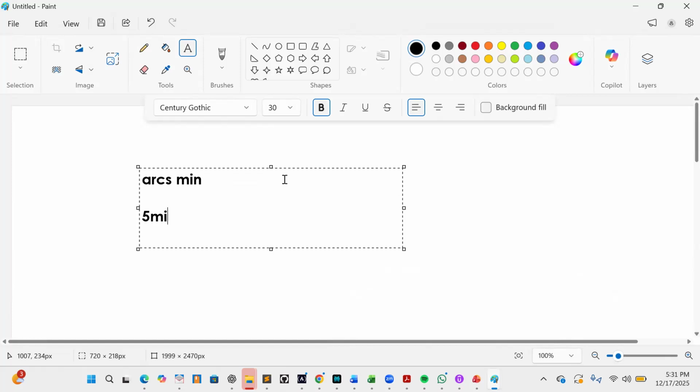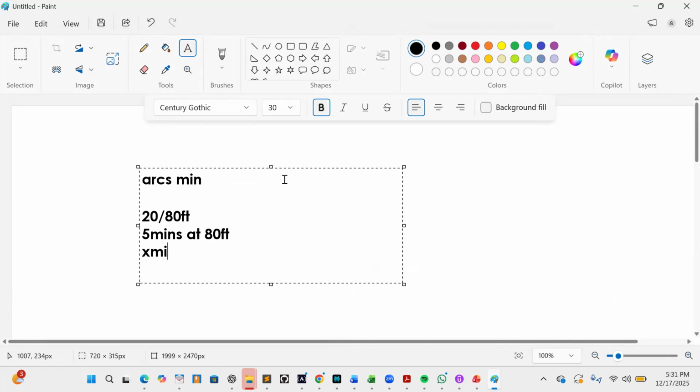So let's say 20 over 80, for example. So this is in feet, right? So we expect that the 20 over 80 is for 5 minutes at 80 feet. That's the meaning: 5 minutes at 80 feet. So if you want to know X minutes at 20 feet, what would that be?